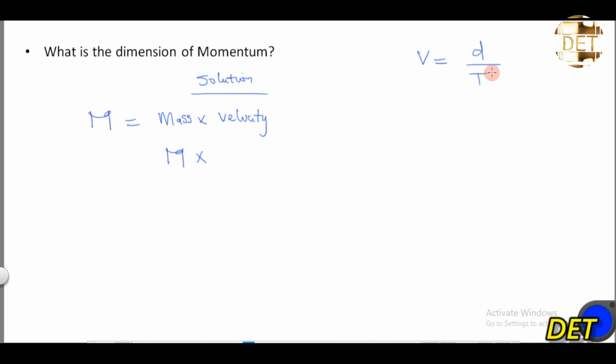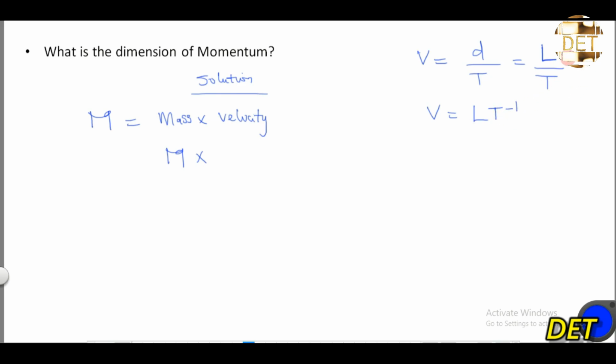So velocity is equal to displacement all over time. And displacement is a fundamental quantity. It is length, right? So that will be equal to L. The dimension for displacement is L, which is the same thing as length, over T. T is a fundamental quantity, time. So the dimension for velocity is V equal to L T raised to the power of minus 1.